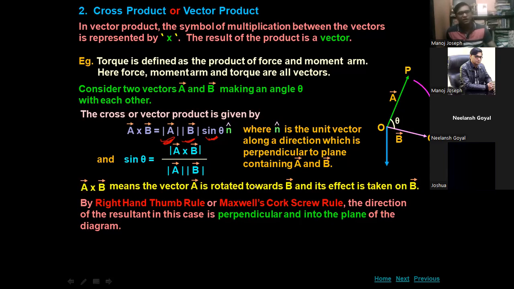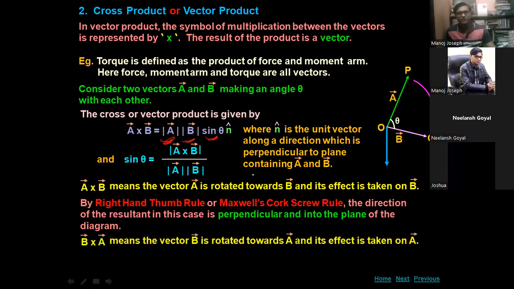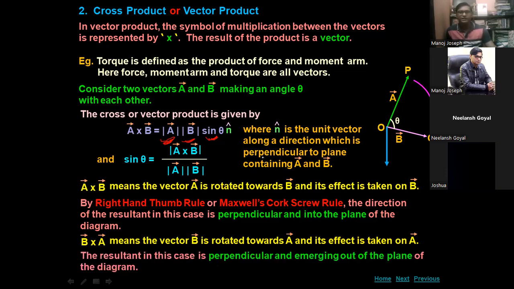These two vectors are kept on a plane. When we multiply A with B, meaning when we rotate A towards B, the third vector goes into the plane. Vector B cross vector A means vector B is rotated towards vector A and the effect is taken on A, and the resultant in this case is perpendicular and emerging out of the plane of the diagram.